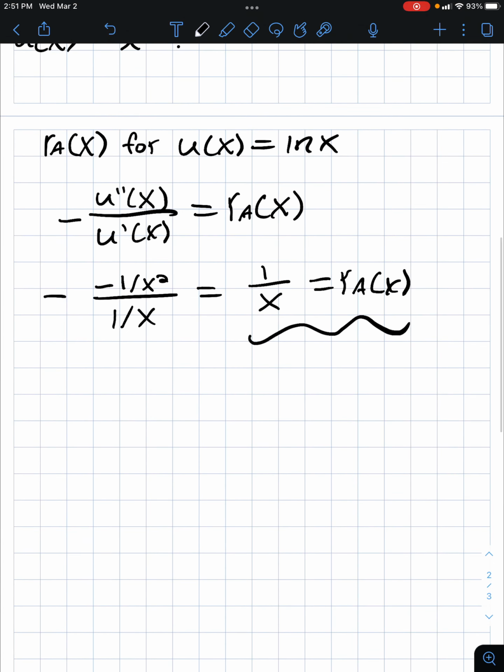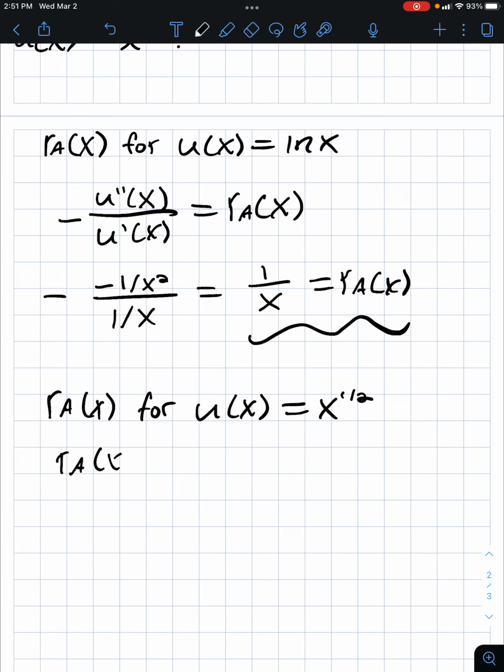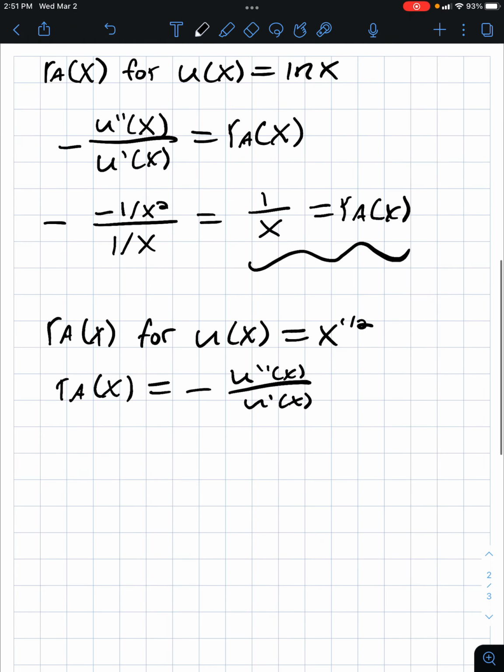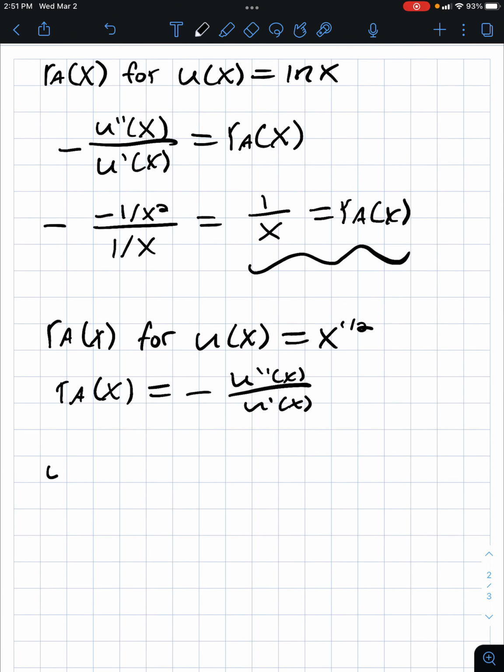Now we need to find the ratio RA of x for utility of x is equal to x to the 1/2. Same thing, RA of x is still going to be equal to negative u double prime of x over u prime of x. So u prime of x in this case is going to be equal to 1/2 x to the negative 1/2, and u double prime of x is going to be equal to negative 1/4 x to the negative 3/2.